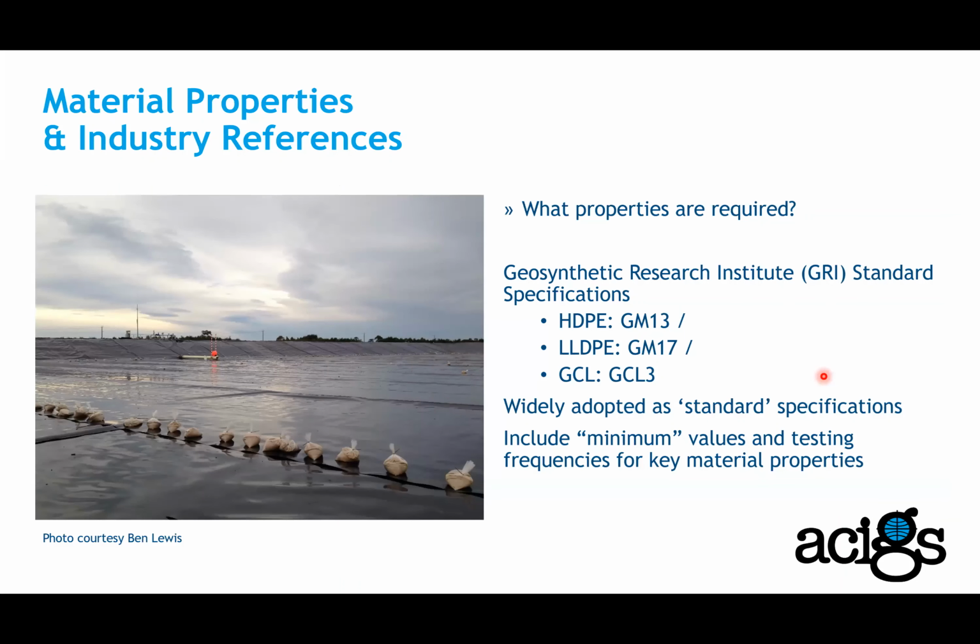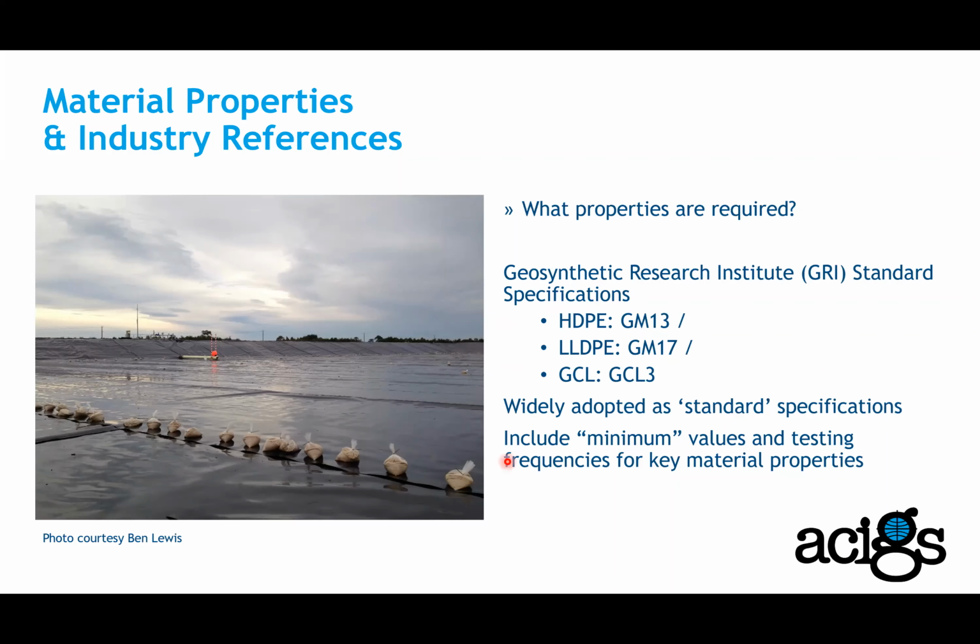Let's talk about material properties and some industry references. The question is, what properties are required? When you're doing a design or a construction material conformance, you need to ask this question: what properties are really required? From standards such as GRI, the Geosynthetic Research Institute standard specification, we have GM13, GM17, and GCL3 for HDPE, LLDPE, and GCL.